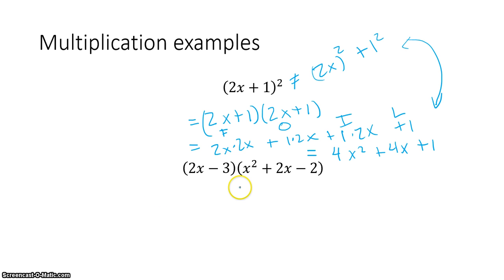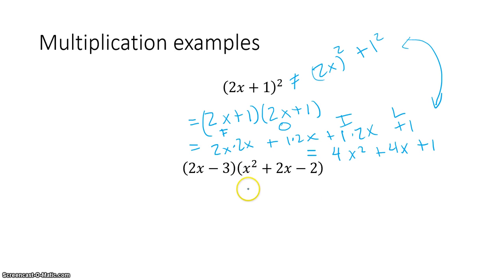Getting a little more complicated, we now have 2x minus 3, quantity, times x squared plus 2x minus 2. Now, we can't exactly FOIL this one because there's not two polynomials of degree 1 multiplied together. Here we have a polynomial of degree 2.